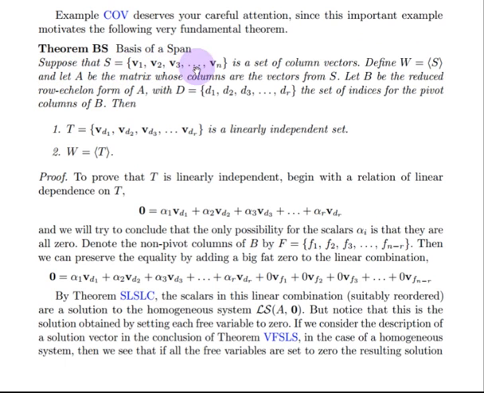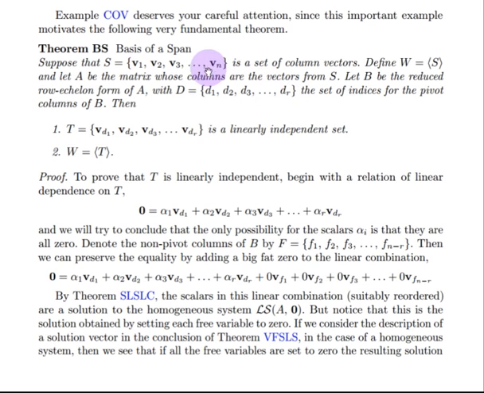Let me go through this again and see that you can understand this the way it's written here. So suppose that S is a set of n column vectors. Define W as the span of S. Let A be the matrix whose columns are the vectors from S. So v1 is the first column of A, v2 is the second column of A, and so on. Let B be the reduced row echelon form of A, and let D be the indices of the pivot columns.